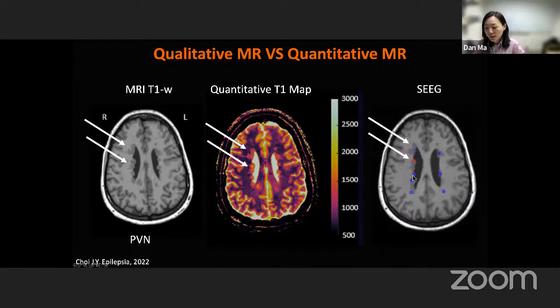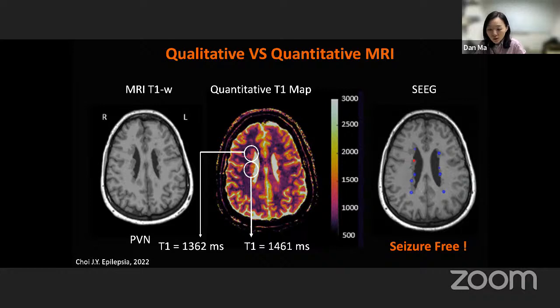In fact, this patient had the invasive SEEG, and we got validation that this region corresponding to high T1 value is actually the actual seizure onset, meaning that the increased T1 value actually means something related to the seizure. So this patient got the ablation to remove the lesion and became seizure free.